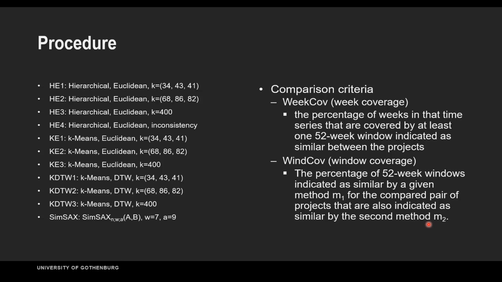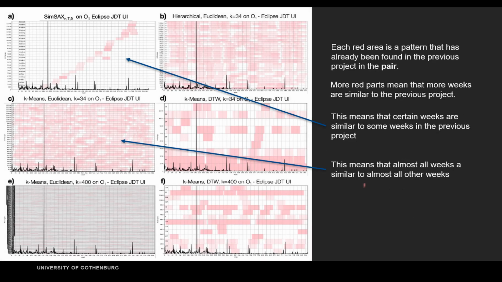And when we apply those different methods, we could get those results. This diagram A is an example diagram for the first pair, comparing Eclipse JDT Core with JDT UI. And as you see, the number of weeks covered is quite high, but not all of the weeks are covered.